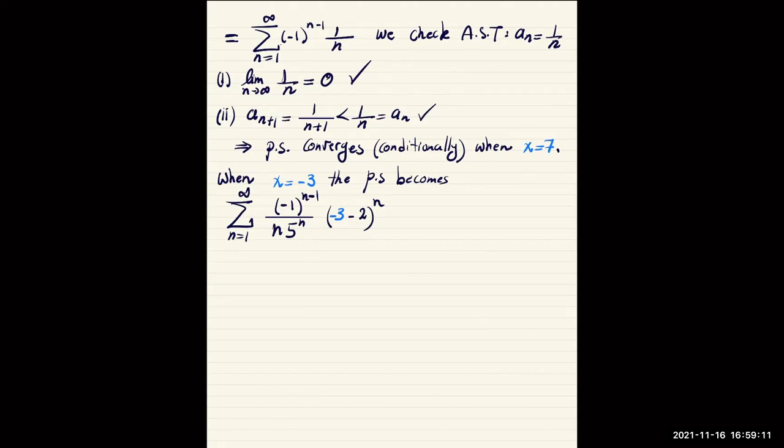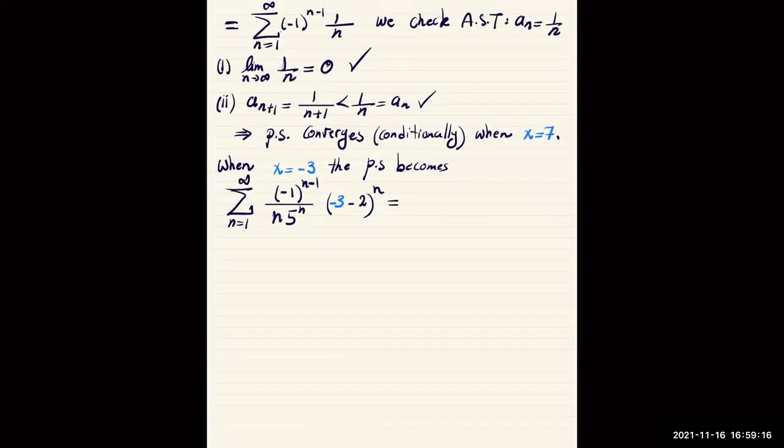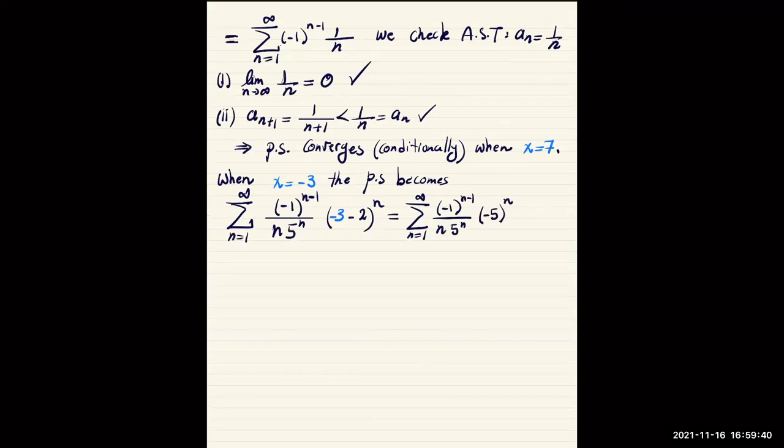Be very, very patient. That over n, 5 to the n. -3 minus 2 to the power n is -5 to the n. Okay, so again, we have that base. And it's as if you might say these two cancel out, but be careful because the base is a negative. It's a -5.